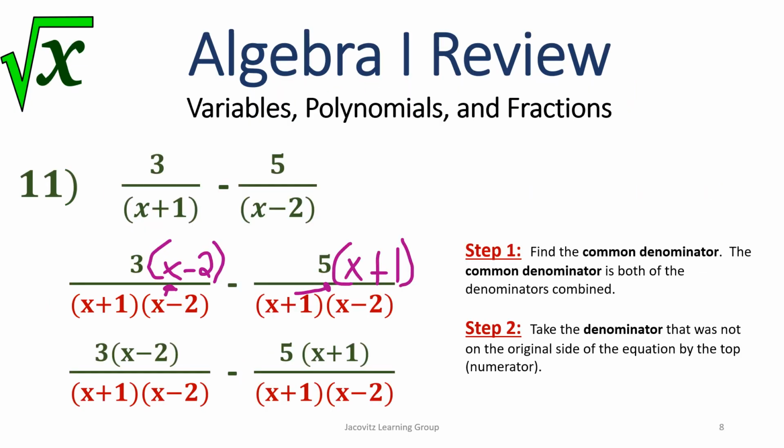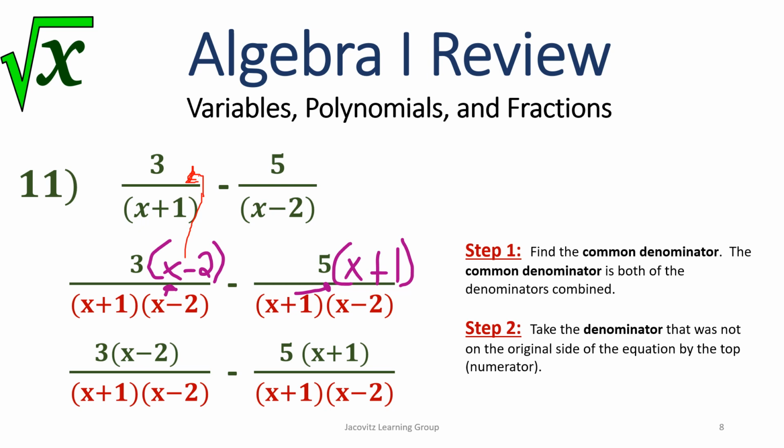Okay, so now you have 3 over x plus 1 minus 5 over x minus 2. And you've got to combine both of those on both sides. You know why? Because you need a common denominator. And since it's a variable, you have x plus 1 on one side, x minus 2 on the other side, so you combine them. Now, all this in purple tells you how to. Because you don't have this x minus 2 that was here, you have to take it up here, and you make it x minus 2.